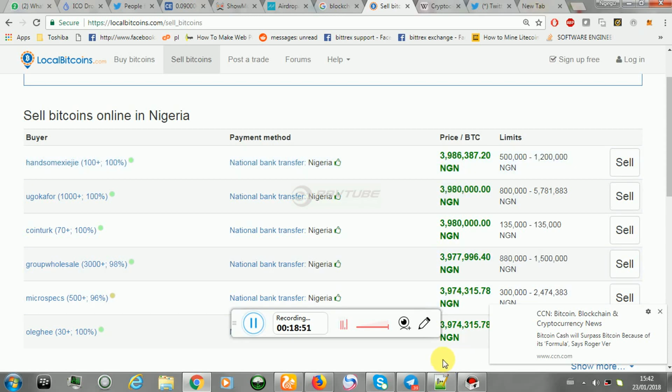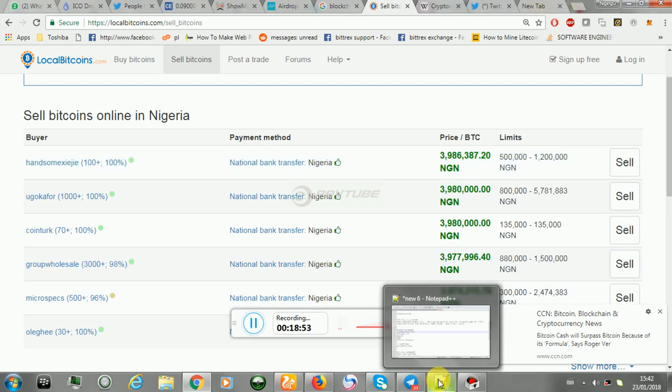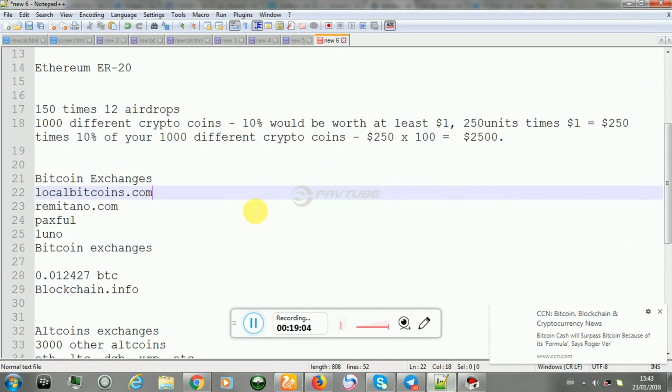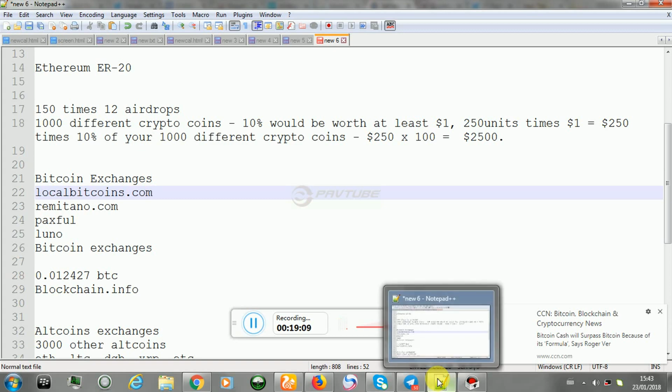When you are done buying your bitcoin, you have to find out if you want to buy your bitcoin to keep it as a store of value, or you want to buy your bitcoins and increase the value of your bitcoin. There are different decisions you should make when you are coming into this crypto space. You have to actually be sure of what you want to do.